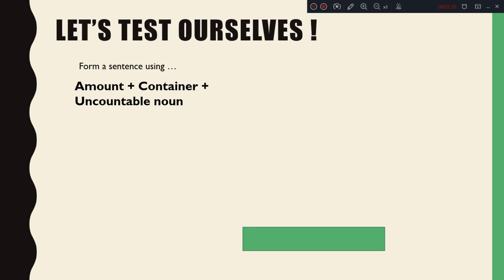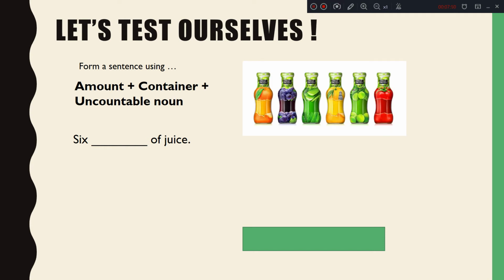So, let's test ourselves. Can you make sentences using the amount plus a container plus an uncountable noun? So, 6 blank of juice. Which container goes in there?